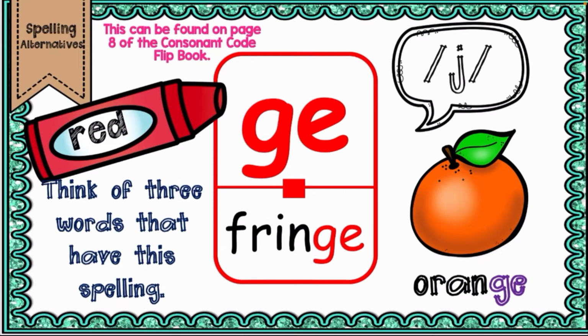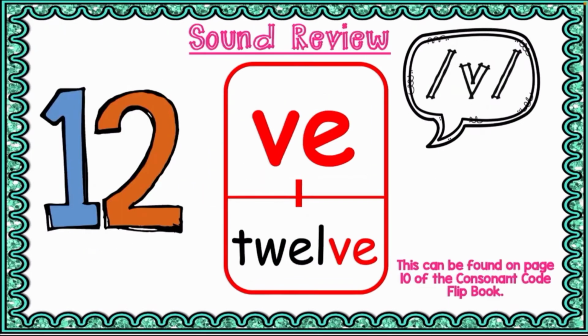Fringe and what? Orange. The next one we have is v, as in twelve. V, as in twelve. You can even say have, twelve, have.